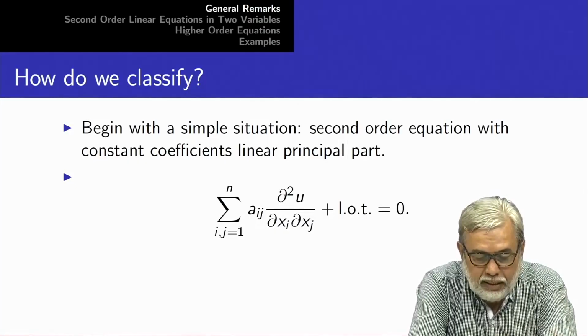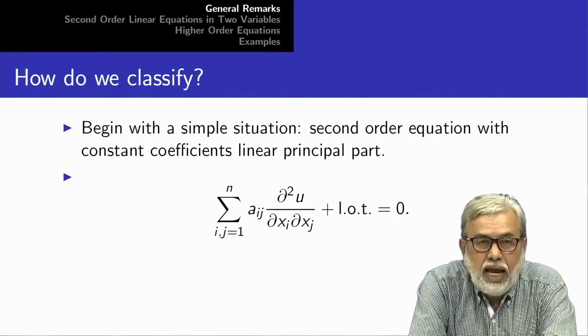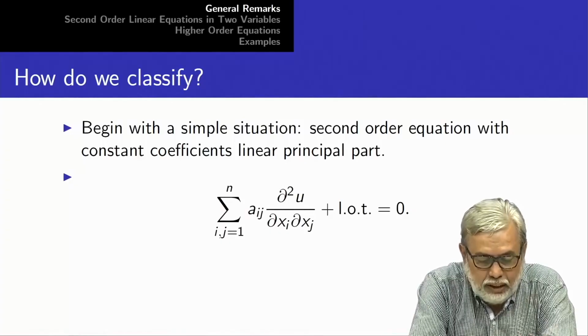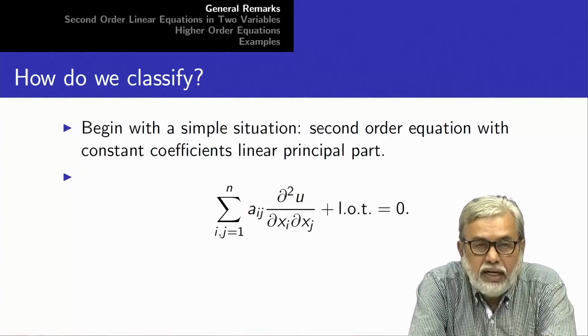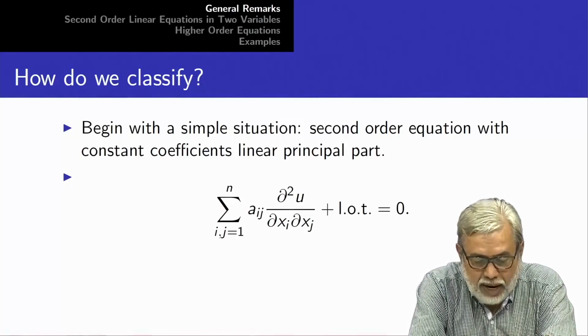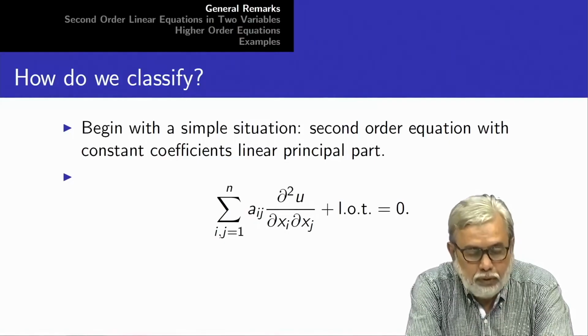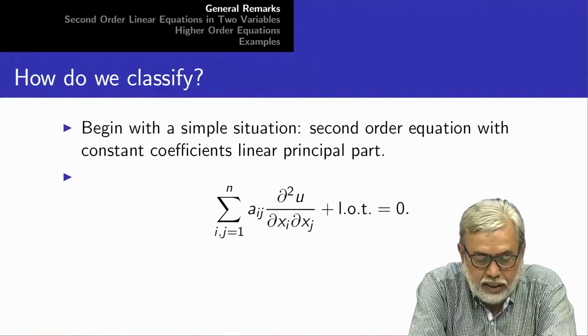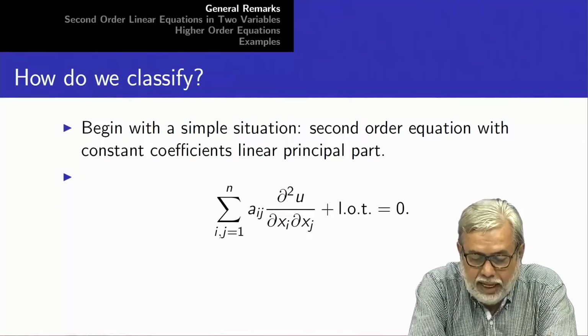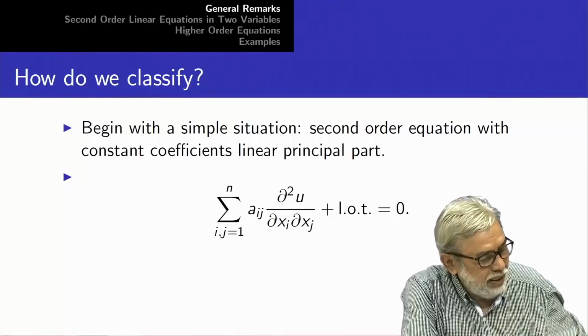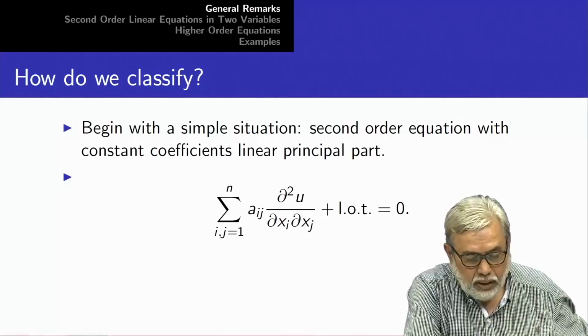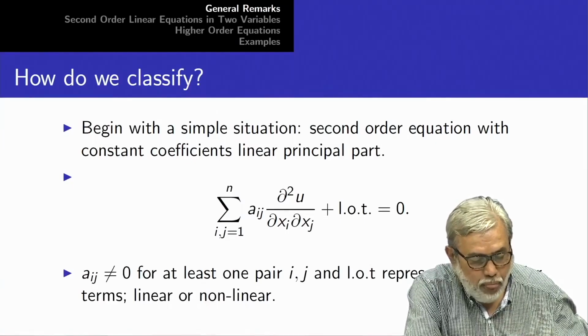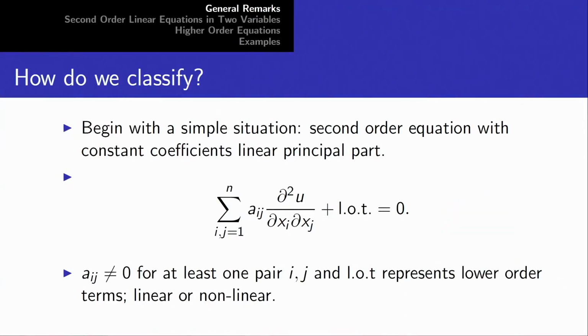linear PDE. As far as the classification is concerned, only the second order derivatives matter. That is why I have written only the second order terms highlighted, and LOT means lower order terms. Just concentrate on the highest order terms.